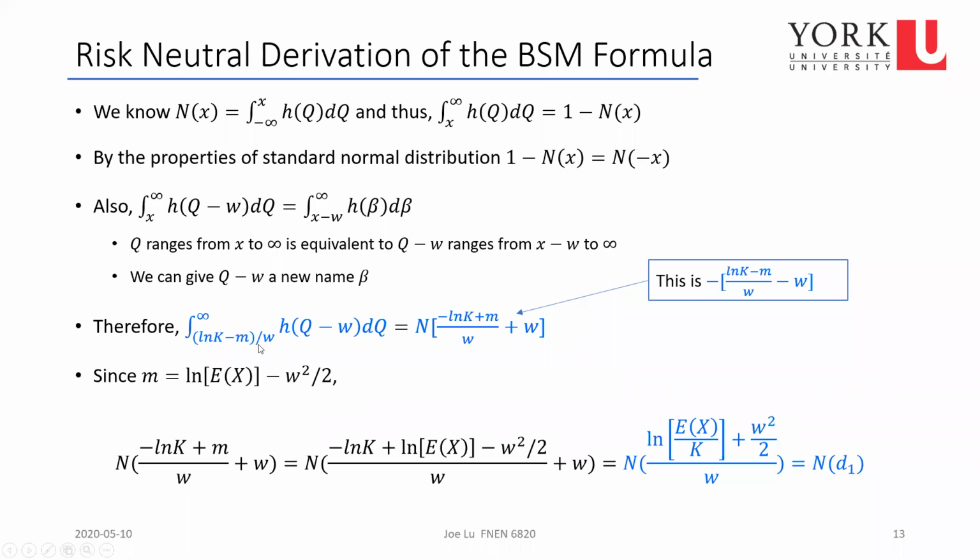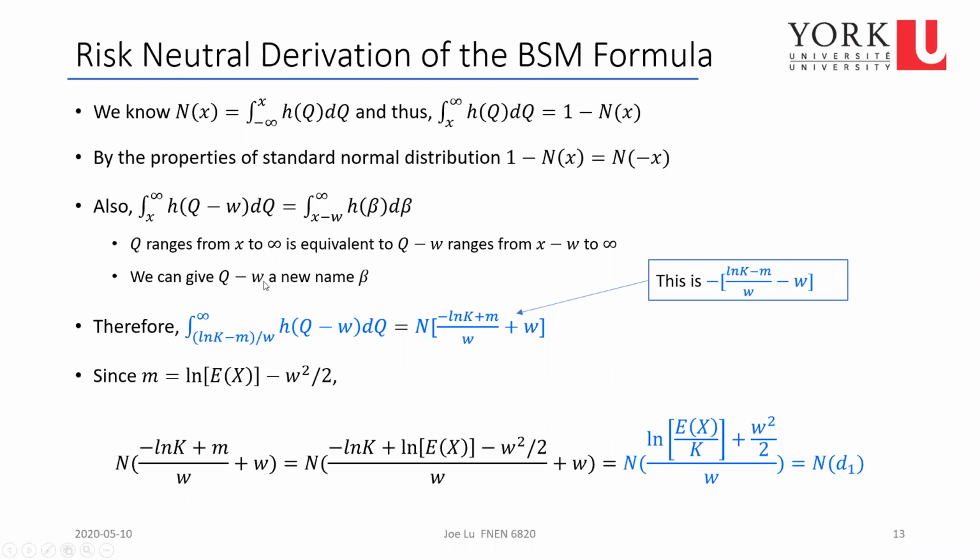To see this is the case, we have this log K minus m divided by W is really this x here. So x minus W is log K minus m divided by W minus W. Okay, and minus what we have here is then minus x.